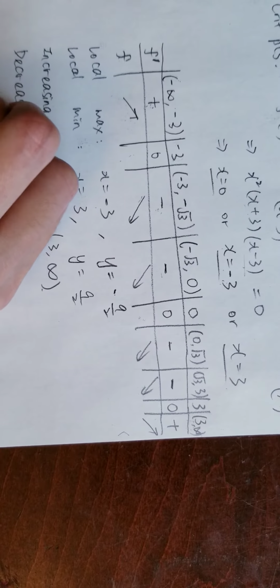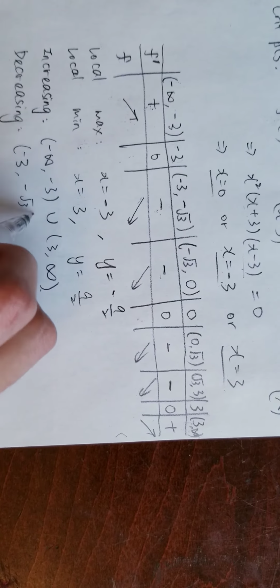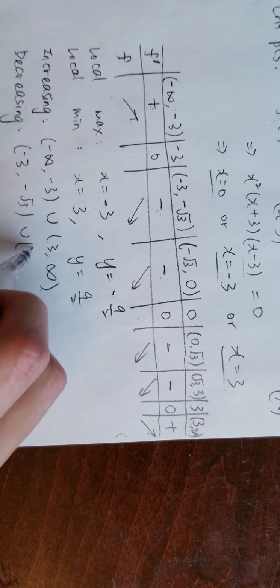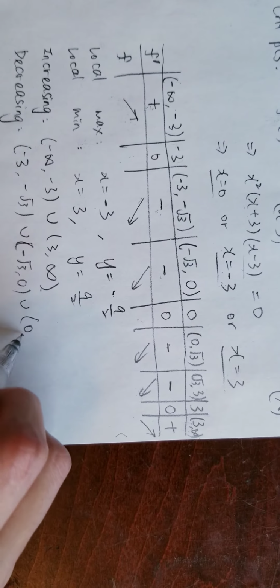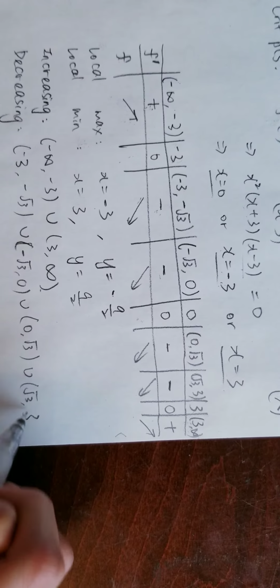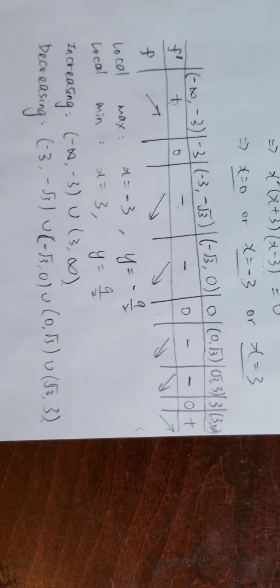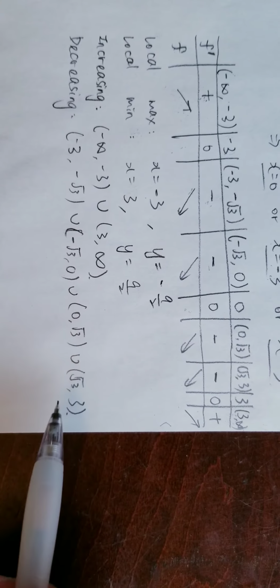It's decreasing on these 4 intervals: -3 to -√3, union -√3 to 0, 0 to √3, √3 to 3. So local max, local min, increasing and decreasing.